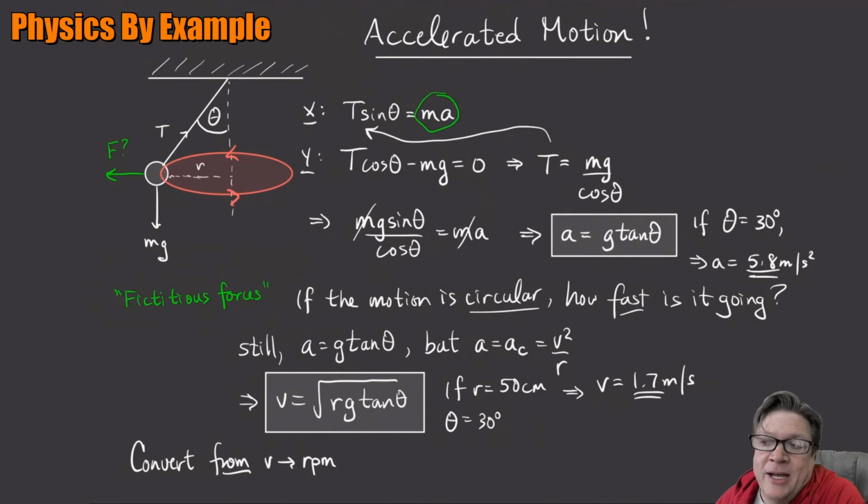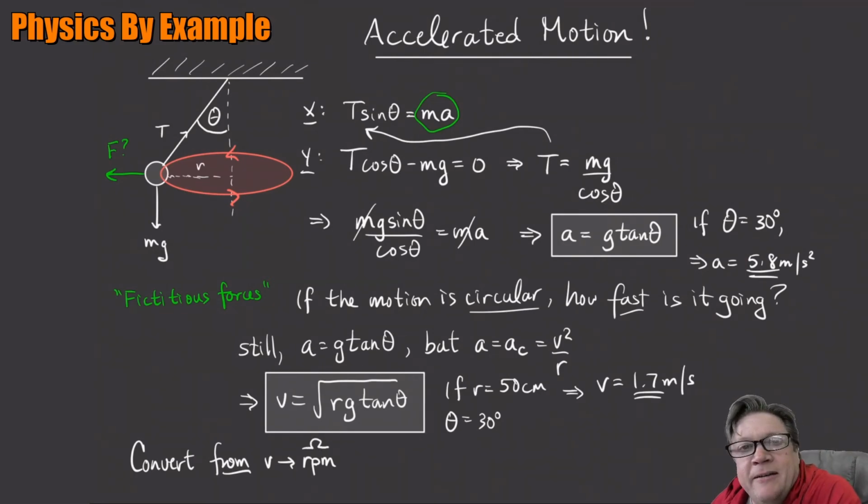That's a really common way to express the rate at which something goes around in a circle. So how do we convert? If we know the R, how do we convert from speed to RPM? Sometimes it's difficult to know what letter to use for RPMs. I'm just going to introduce one, and I'll try to be consistent.